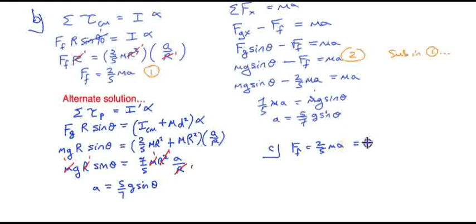Okay, and then we can replace a with 5/7 g sine theta. So our force of friction, the 5's will cancel out, is equal to 2/5. No, not 2/5, sorry, 2/7, right? 2/7 g sine theta. All right, that's the answer for C.